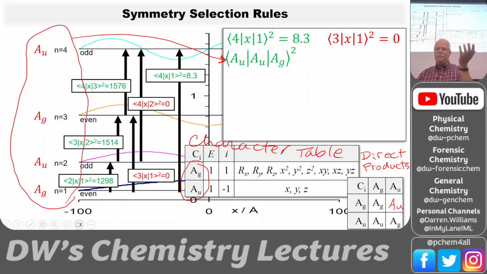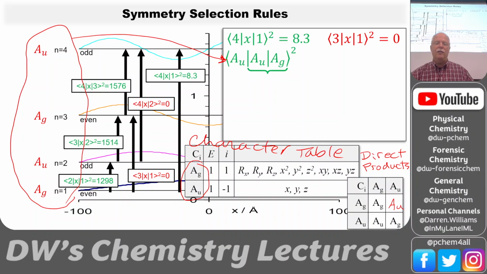This seems almost too simple to bother with for one dimension, but when we get to a bigger molecule like benzene or water, this becomes more interesting. And you saw that in your homework with the A1 and the B1 and the A2 and B2. We were putting these together and forming the symmetries of those functions.